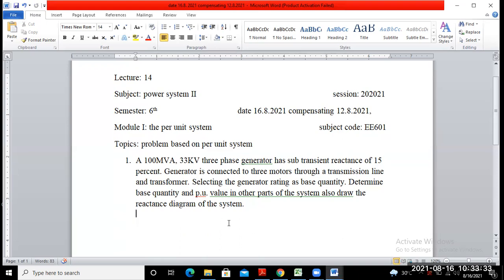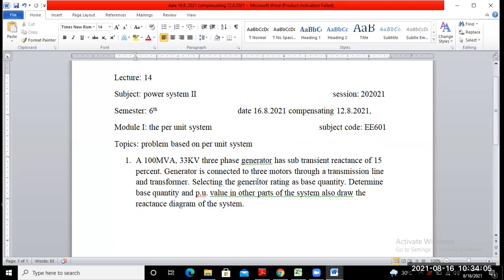So first of all, we try to choose the base quantity, and on that we convert all the quantities, that means the motor rating, transmission line and transformer, on this base kilovolt and base MVA. First of all, choose the base kilovolt rating and base MVA rating that is specified in the problem.